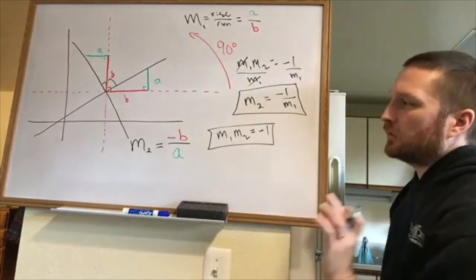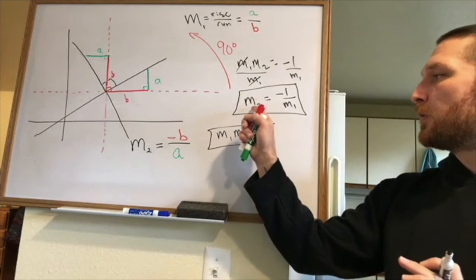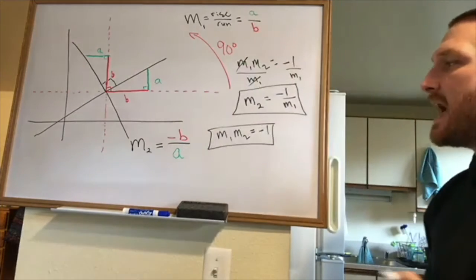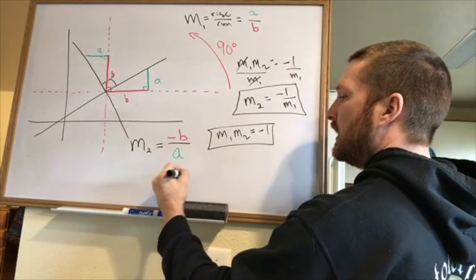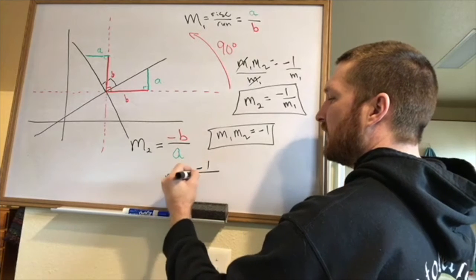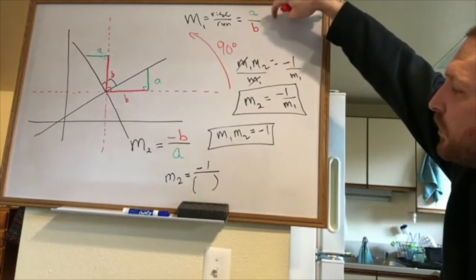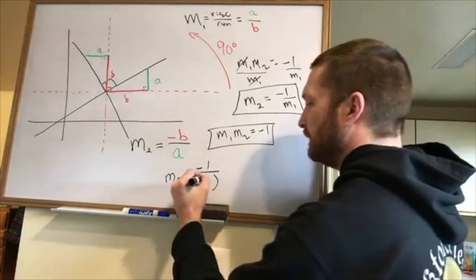Let's just check that real quick. We're saying you want a perpendicular slope to a slope that you already have. Then what I'm saying that you do is you take -1 and divide by the old slope. So in this case, the old slope was this. And so I'm going to say, okay, let's just check A over B.